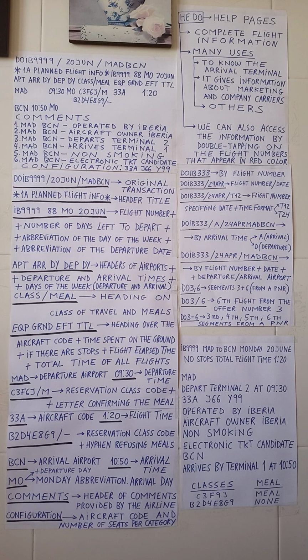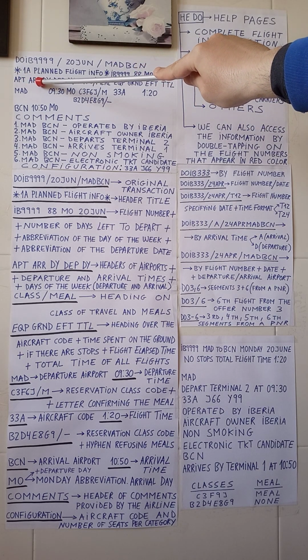The MO is the abbreviation of Monday. Finally, we see 20 JUN because the abbreviation of the date on which the flight will depart is written, which in this case is June 20.